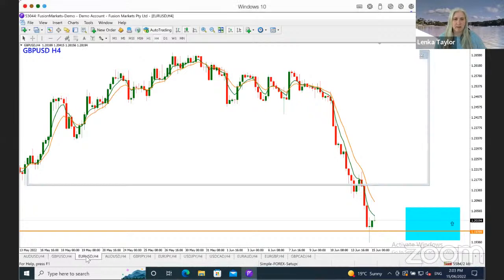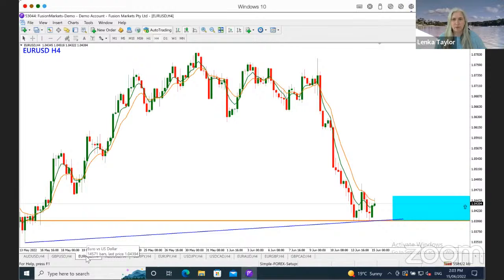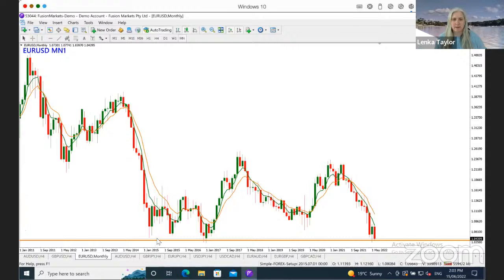Next currency pair I'm going to look at is EURUSD. And EURUSD on the monthly is again at that support level once again.